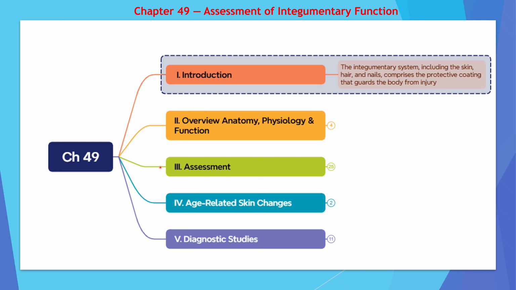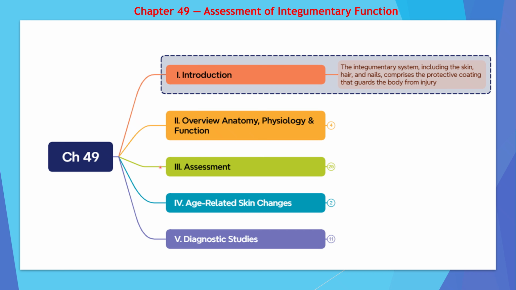So for the assessment, you start with patient history. Look for comorbidities, medications like corticosteroids that thin the skin, and diet and environmental factors. Then perform the physical assessment, inspecting the color, moisture, integrity, vascular markers, and lesions.